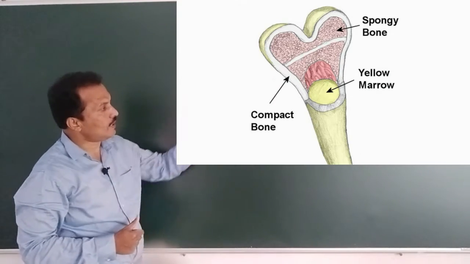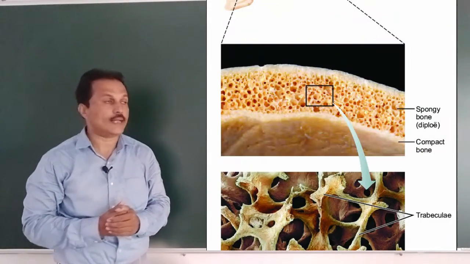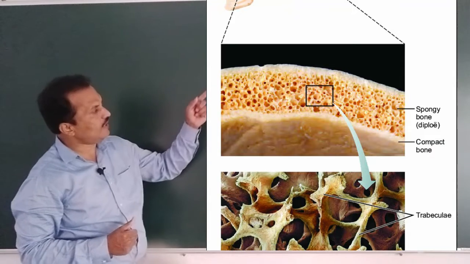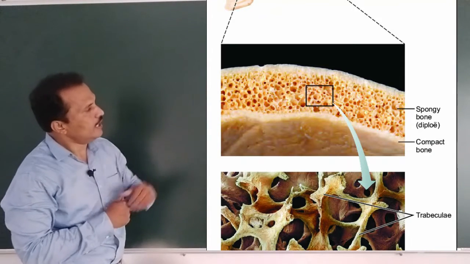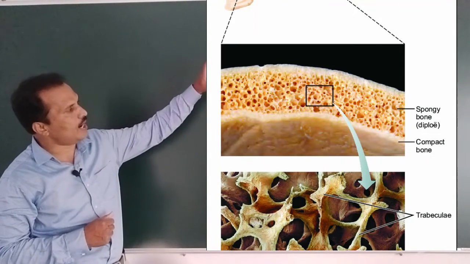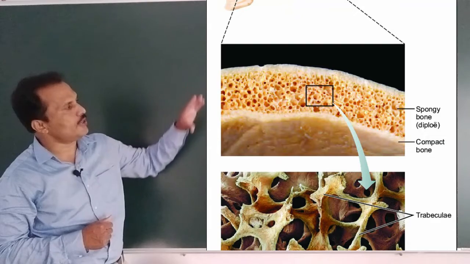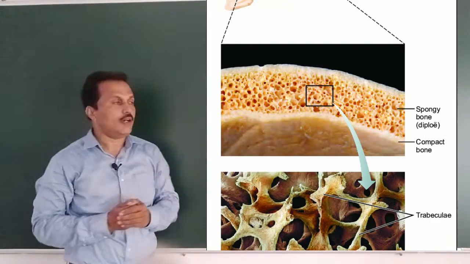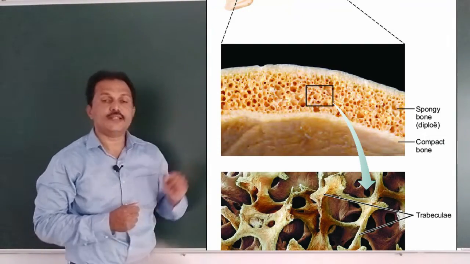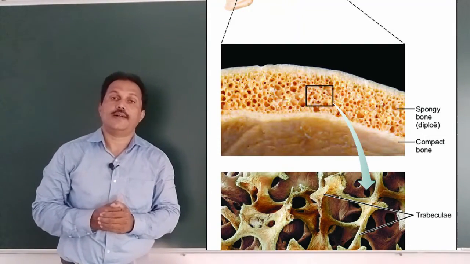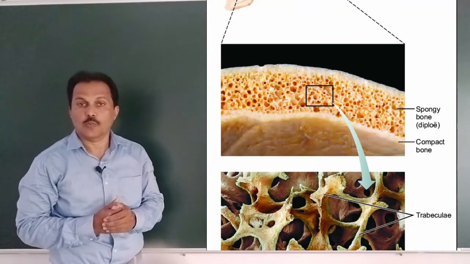It is also known as cancellous bone or trabecular bone, and you will find the trabeculae seen here. If you highlight this head region, the spongy bone area, the trabeculae and the cavities appear. That's why it is also known as trabecular bone.